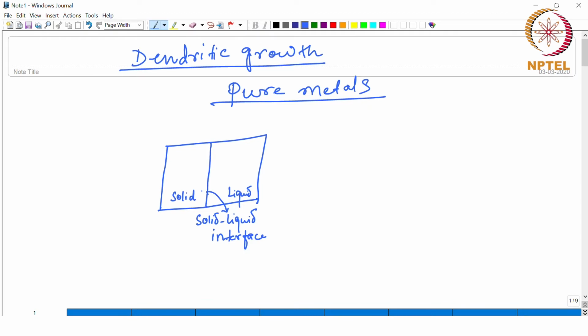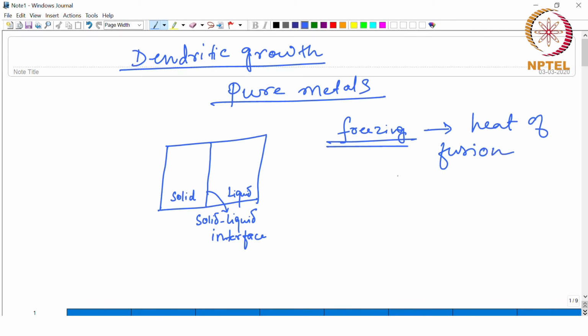Now, what happens when this solid is growing? So, that is freezing, that is the phenomenon which is taking place, right. So, this means that the heat of fusion is being released into the solid liquid interface.